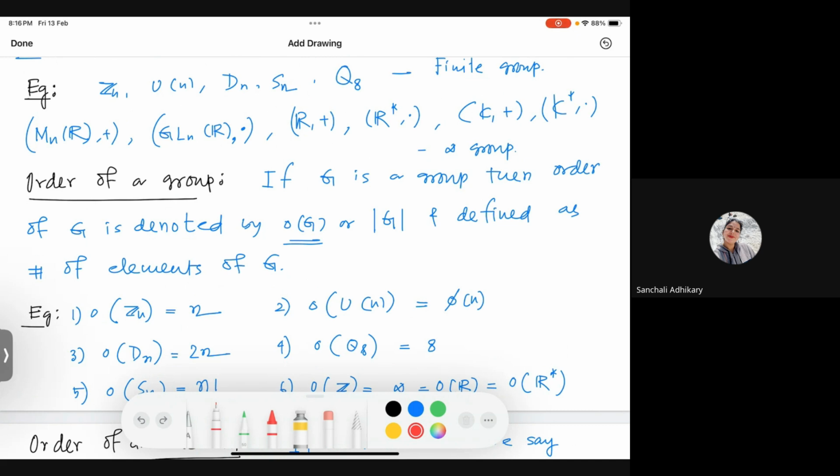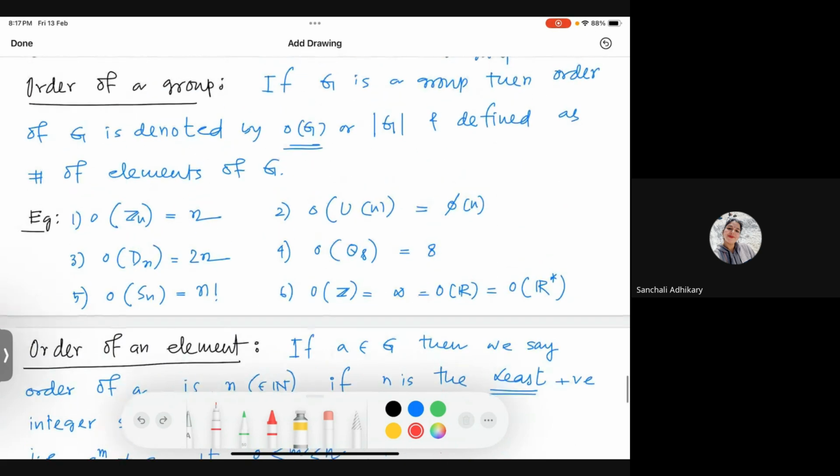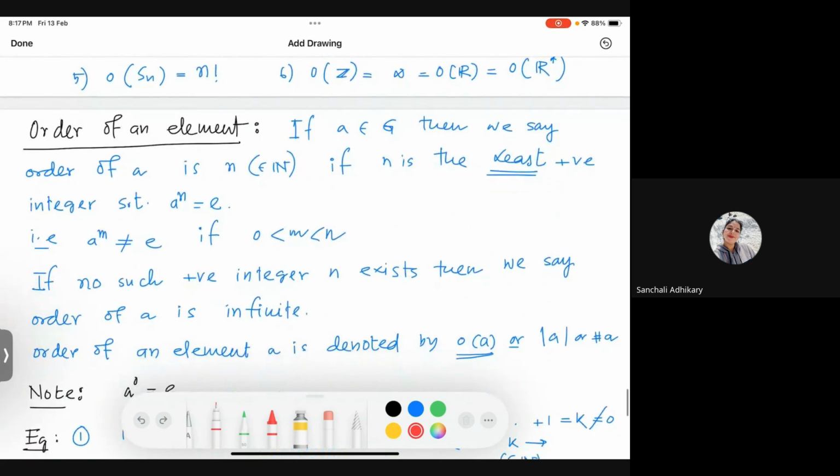So what is order? Order is the cardinality of the group. What is the order of an element? If you take an element a from G, then I am asking what is the order of a?